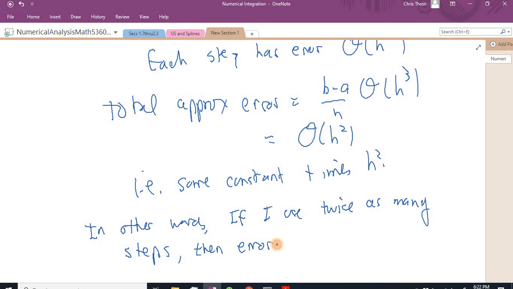Smaller. H gets smaller. Okay, so if H gets smaller, what happens to the error? It gets smaller by how much? H squared. All right, yeah, so I've divided H by 2. So what does that divide the error by? Well, H gets divided by 2, so H squared gets divided by 4. So the error goes down by 4.